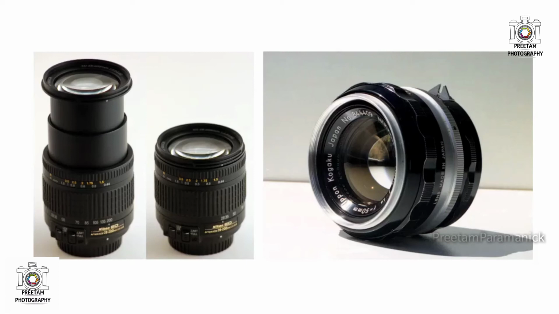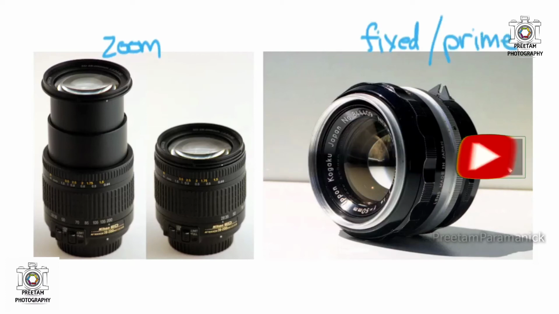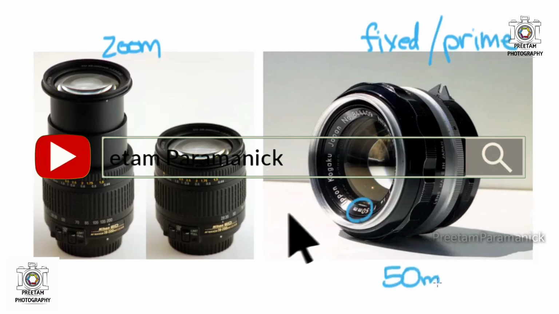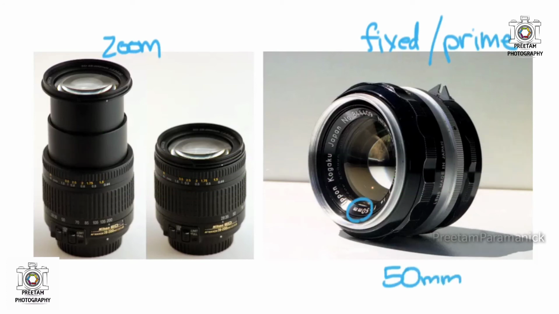Now here you can see 2 different types of lenses. This is a zoom lens, and this is what's called a fixed or a prime lens. A prime lens is just 50mm, so it just has one length that it can go. And this one right here, if you look closely, I think it says 28.